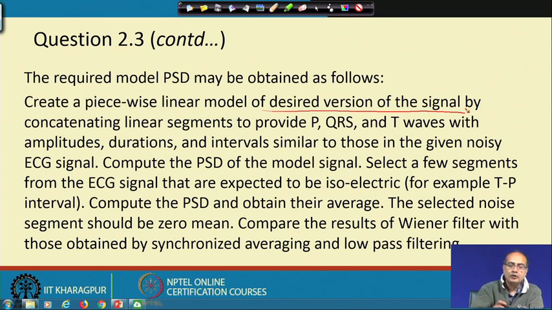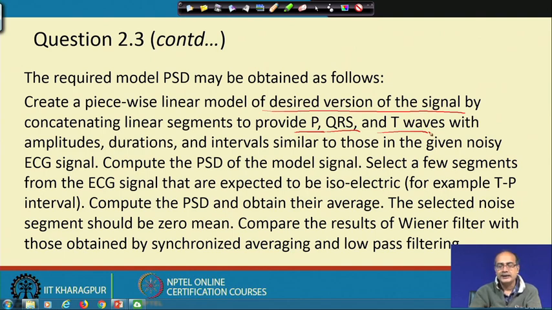We concatenate the piecewise linear models of the different segments, the P segment, QRS segment and T segment, and with that we can get the PSD of the approximate desired signal. In between there are places where the isoelectric line is there, and the activities are completely noise.